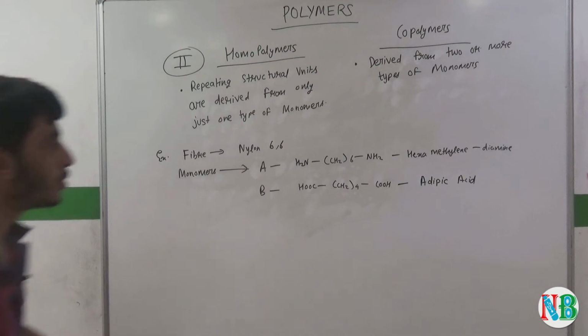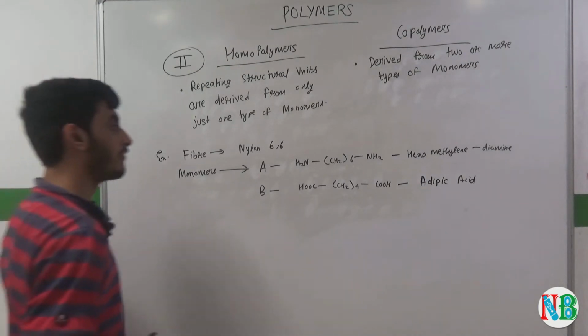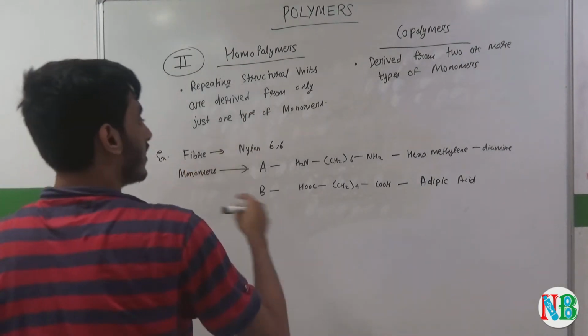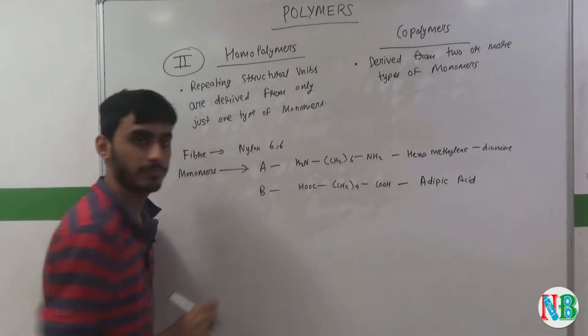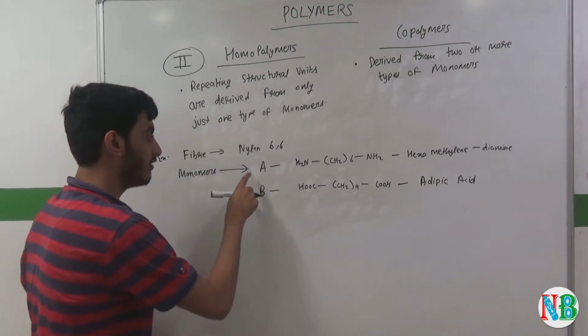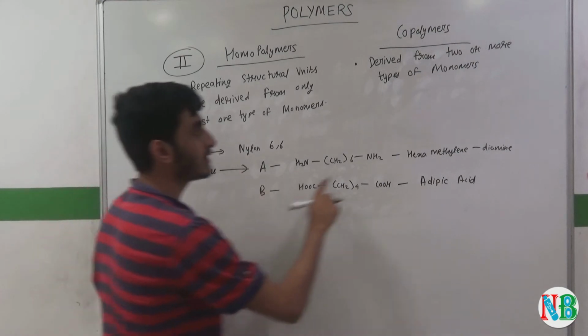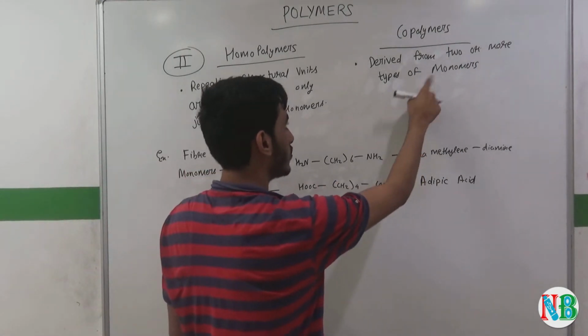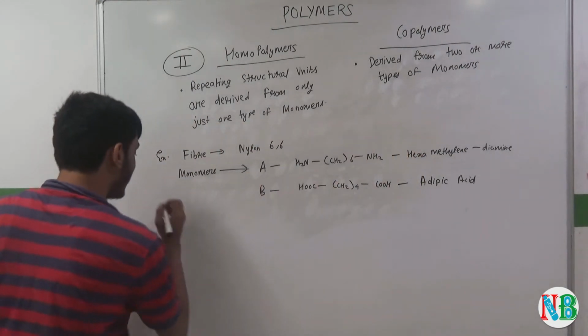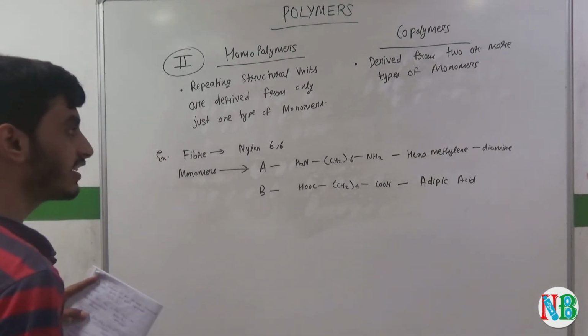Okay, so now we have to form a polymer out of A and B. As we have two of them, the reaction looks like this.